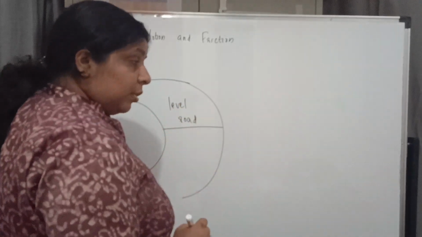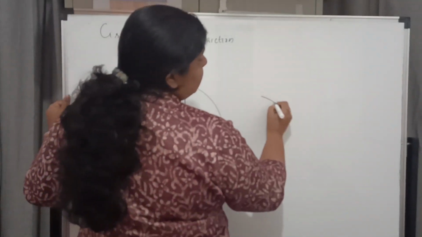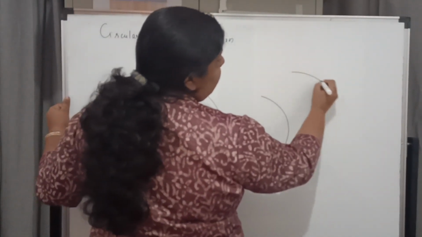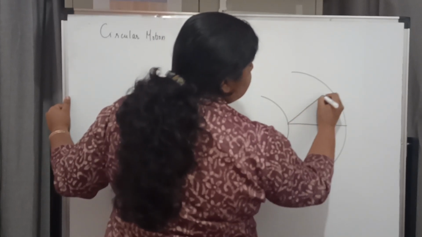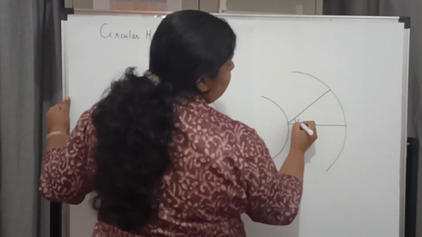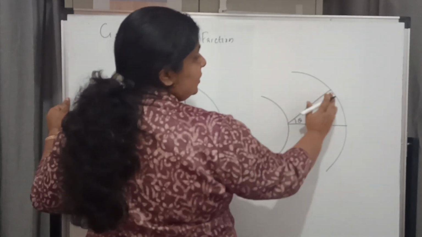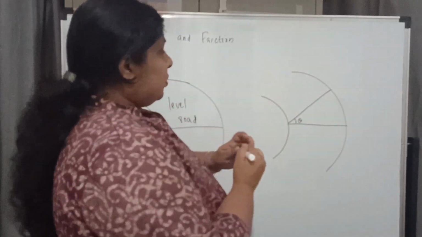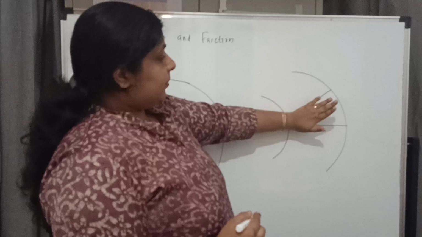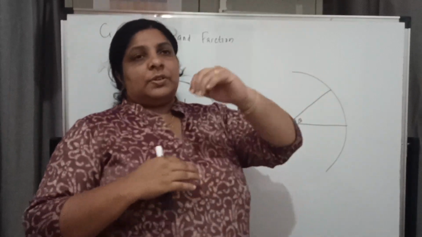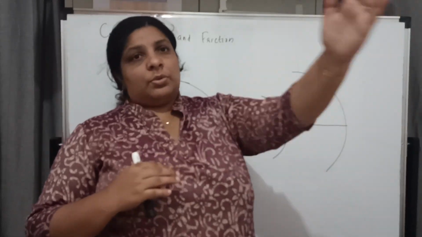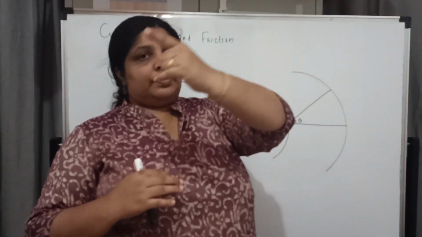Now, banked road means the outer surface of the road will be at an angle. This is a level road, but if the outer surface is making an angle, it is little raised, and it will be a curve. In flyovers, you will see round flyovers.